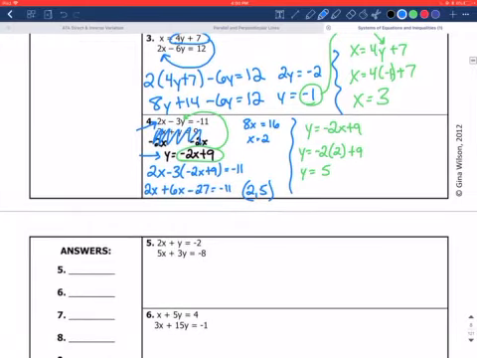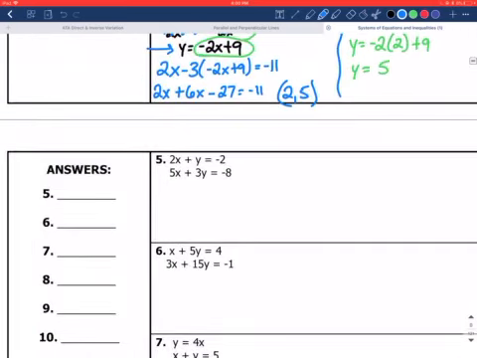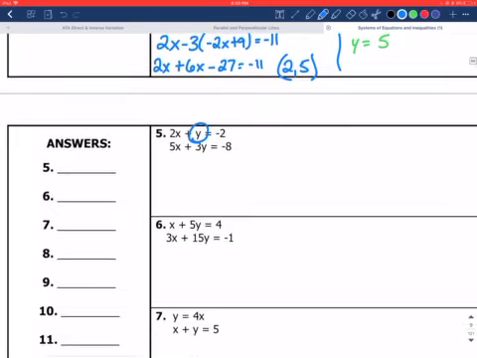So let me look at these and see which ones you might struggle with. Number 5, the thing you should solve for is y right there. For number 6, notice here for number 6 that the term that has a coefficient of 1 is the x, not the y. So what we're going to do here is we will solve for x here, and that will be negative 5y plus 4, and I'm going to use that one instead of the other.